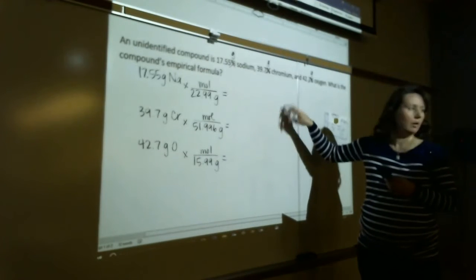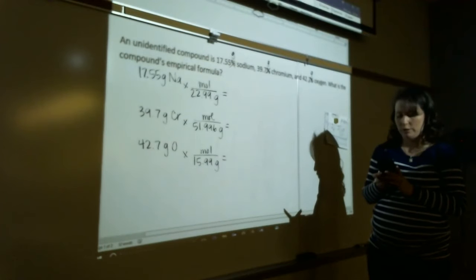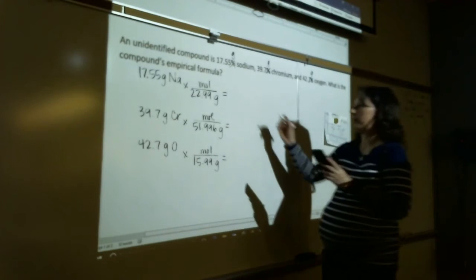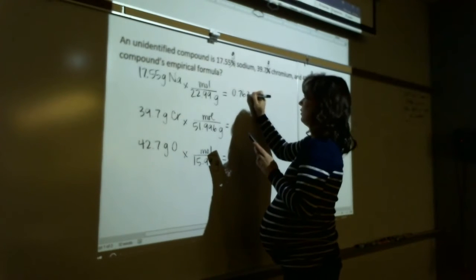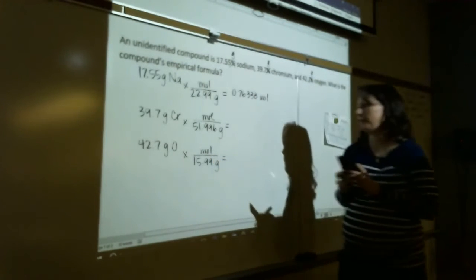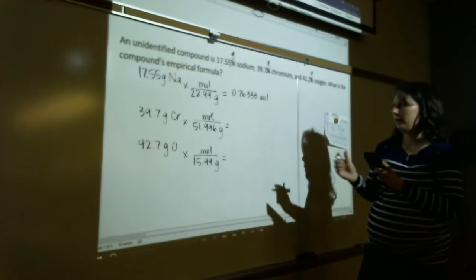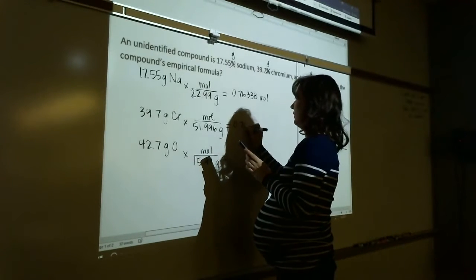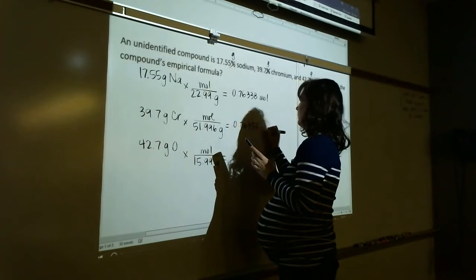So now we do a little bit of arithmetic. We're going to carry out a bunch of decimal places here so that we can identify which one's the smallest. 17.55 divided by 22.99 gives me 0.76338. Let's just carry out lots of decimal places, we can round at the end. 39.7 divided by 51.996 is 0.76352.